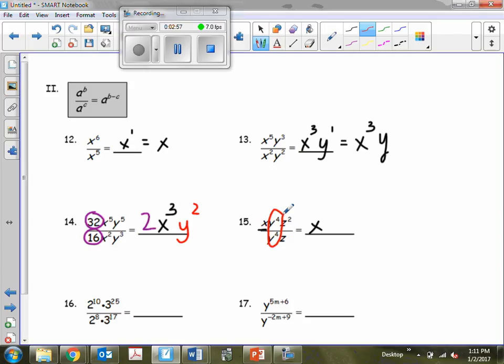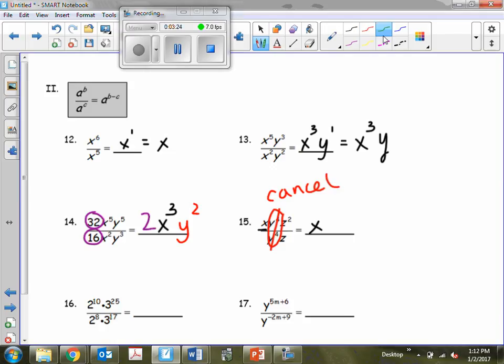Anytime I have y to the 4th divided by y to the 4th, or anything that's exactly the same exponent on top of each other, they're actually going to cancel out. The reason they cancel out is because 4 minus 4 is 0. You do not write 0 in your answer. So right here, we would just eliminate the y's. So y is no longer a part of my answer.